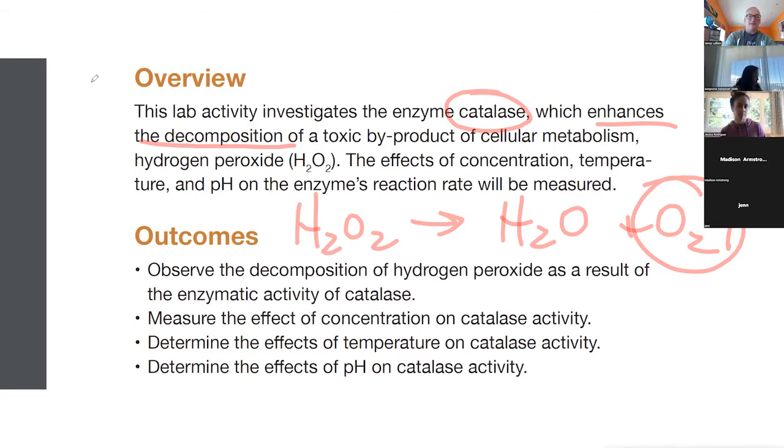So we're going to measure the effect of concentration. If we have more enzyme, will that speed up the reaction? Will it slow down the reaction? We'll look at the effects of temperature. Generally, with a reaction, do reaction rates go down when temperature goes down, or do they go up when temperature is increased?